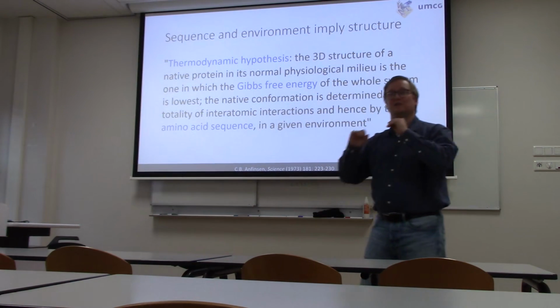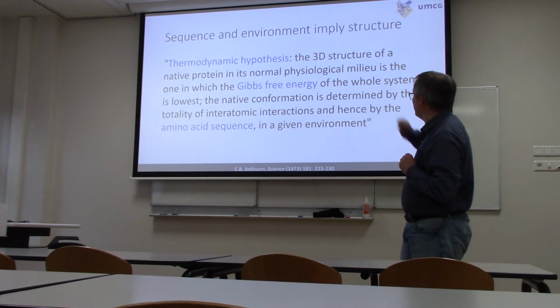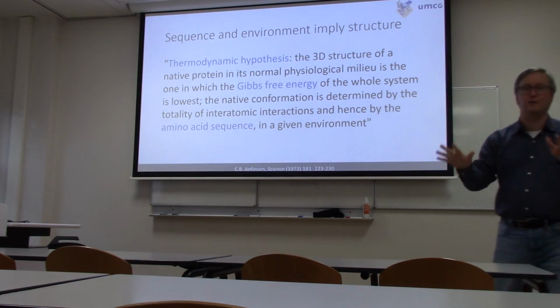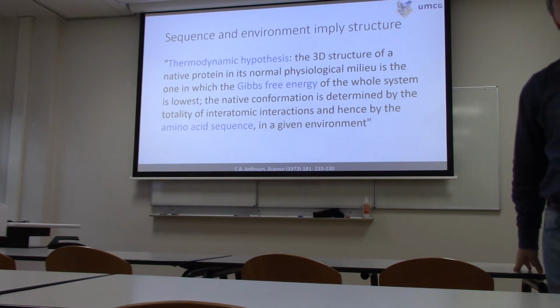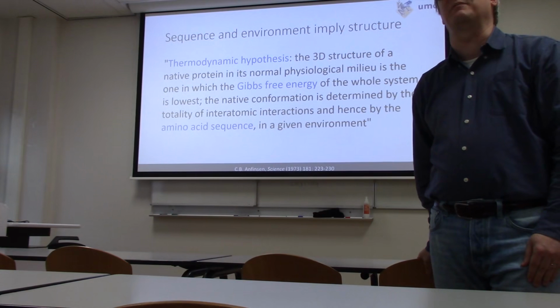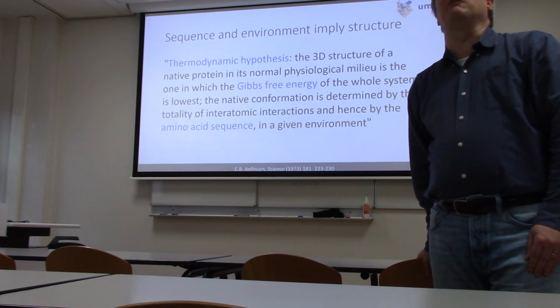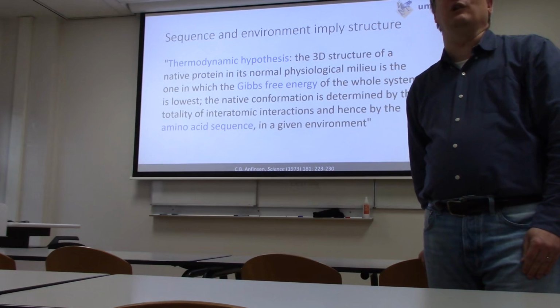Okay, so the structure that they adopt is one in which the Gibbs free energy of the whole system is lowest. I always found Gibbs free energy a little bit puzzling as a biochemical concept, but I think of it in this case as at rest. What does this protein look like?